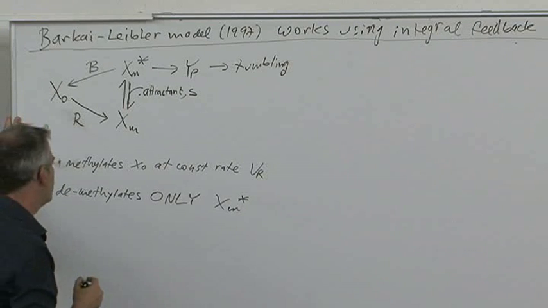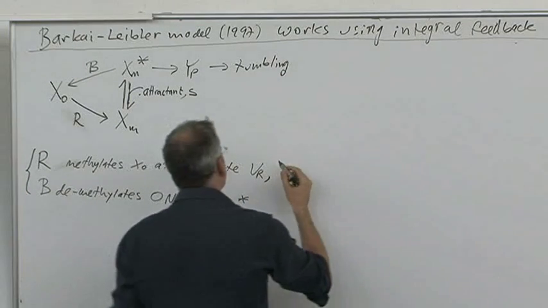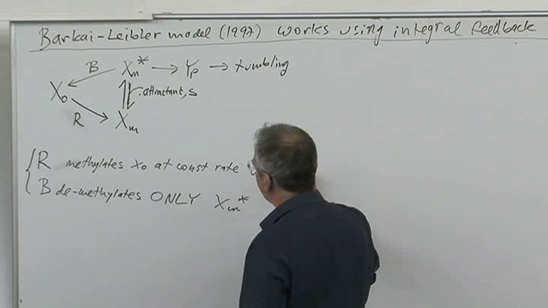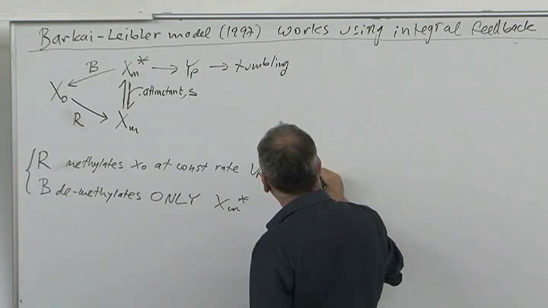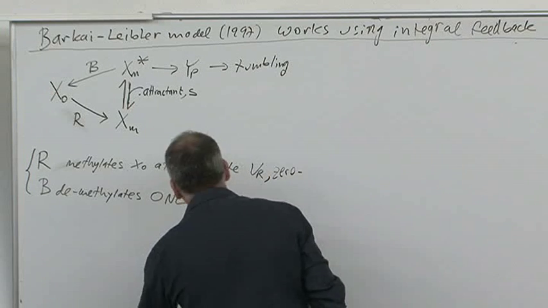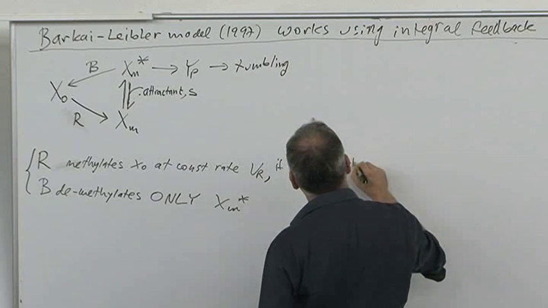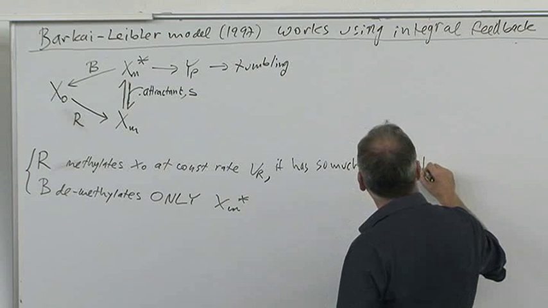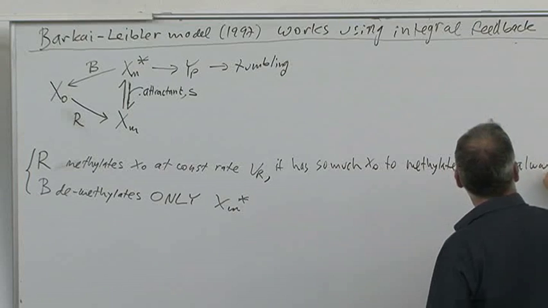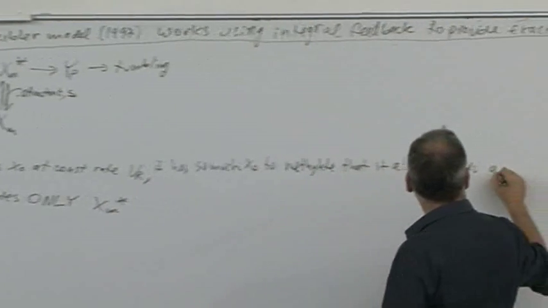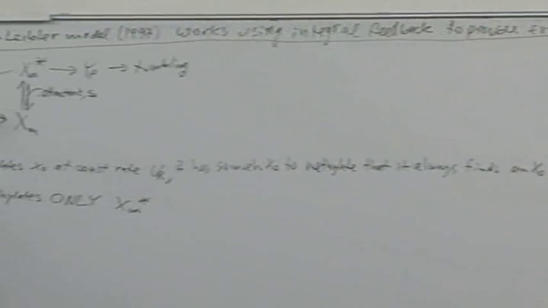And so actually, there are two assumptions you can see. R methylates at a constant rate. It's basically what's called, for those of you who know about Michaelis-Menten enzymes, zero-order. What's it called? It has so much X0 to methylate that it always finds an X0. So the rate here is just proportional to how much R there is.